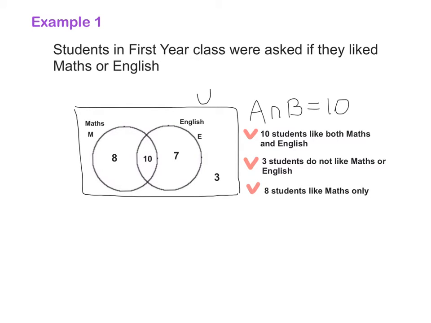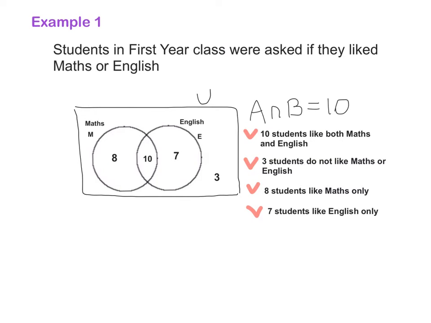And now look at our English circle. So we have 10 and 7. So we know that 10 students like English and maths. So what about 7? 7 students like only English. So let's write it down. Okay, so we have all the numbers here.